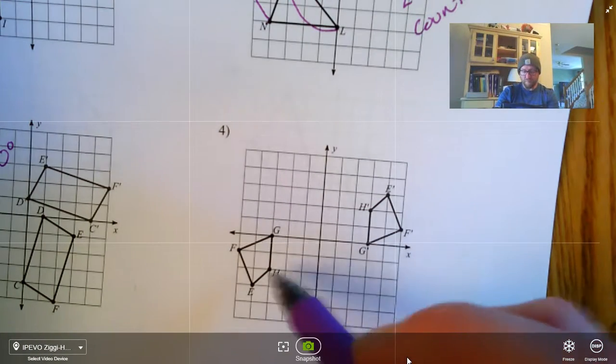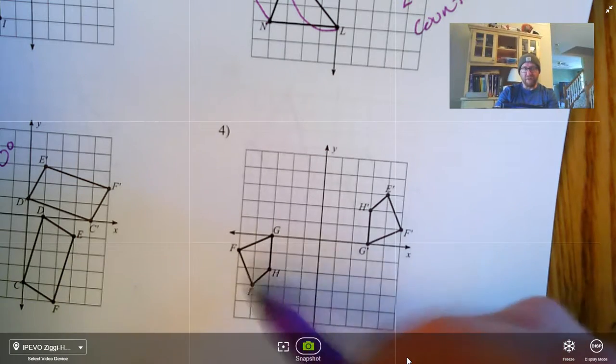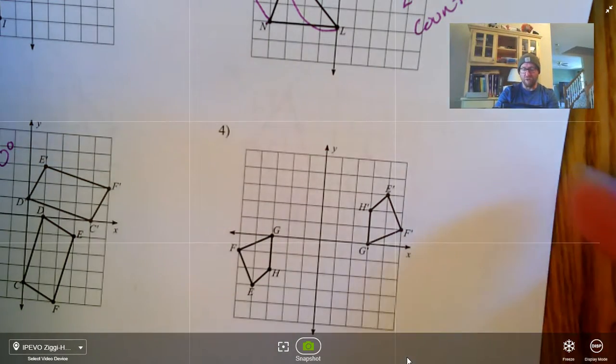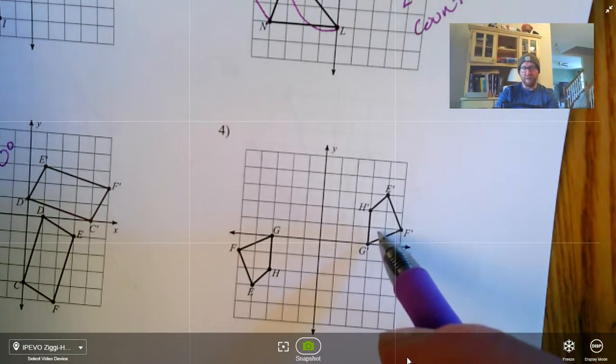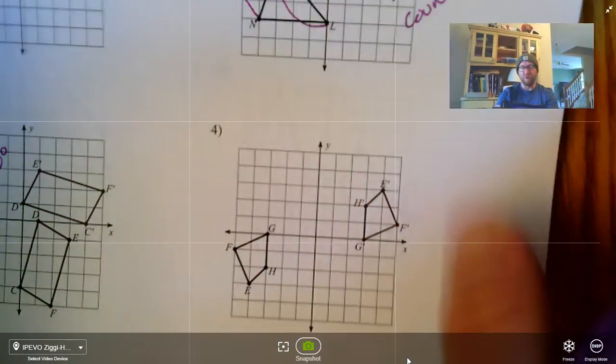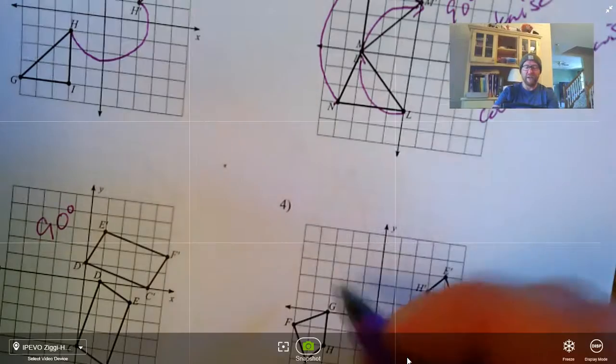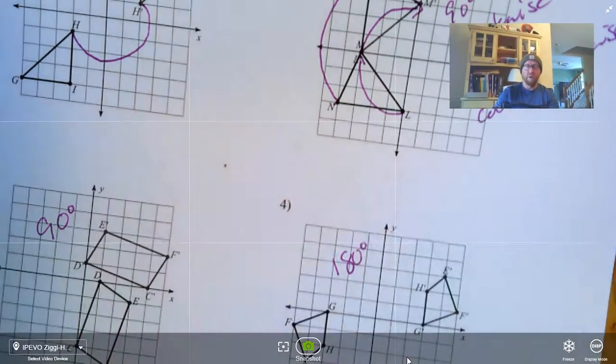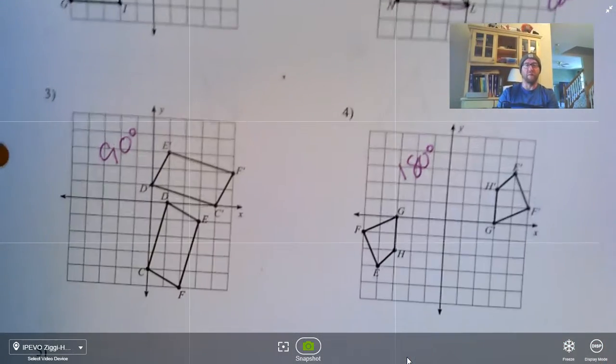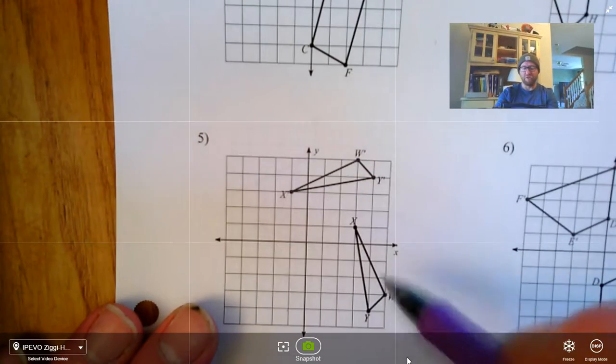Here, you'll notice that this figure right here is our original. And to get it up into here, right, if we turn the whole thing, then the original ends up in that position. So this is a 180 degree rotation. Clockwise, counterclockwise, doesn't matter. All right, down here, this is a general rule.